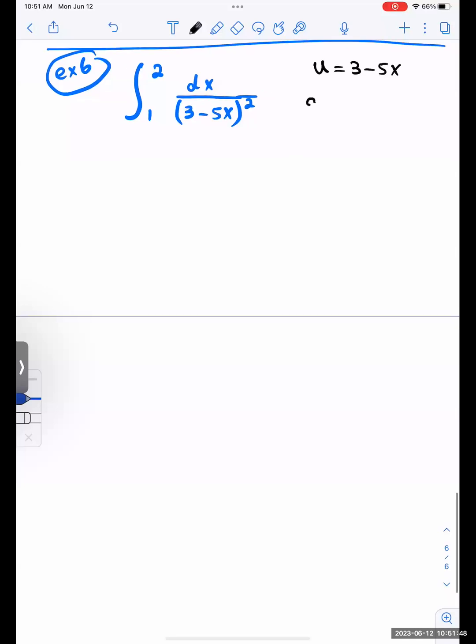Because I know that du is just something with dx, and I have that on top. So I want you to find du and calculate it, and send me your final answers. I want to know how you would think of this one, how you would process it. There are two ways to calculate the definite integrals here. We're going to talk about both, but I'm going to see how you do it first. Okay.